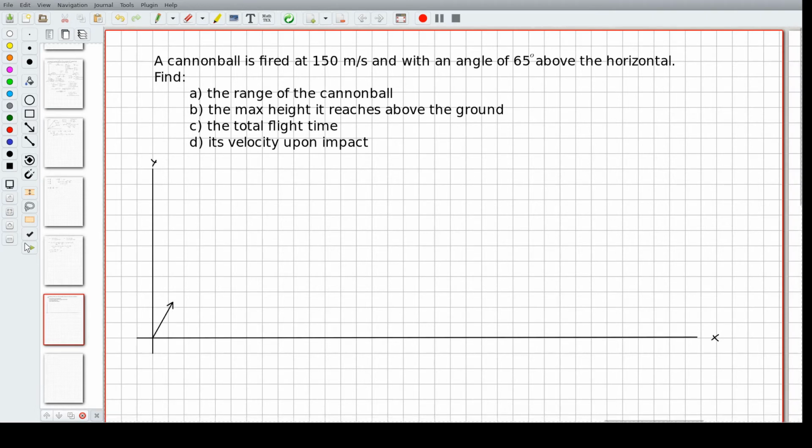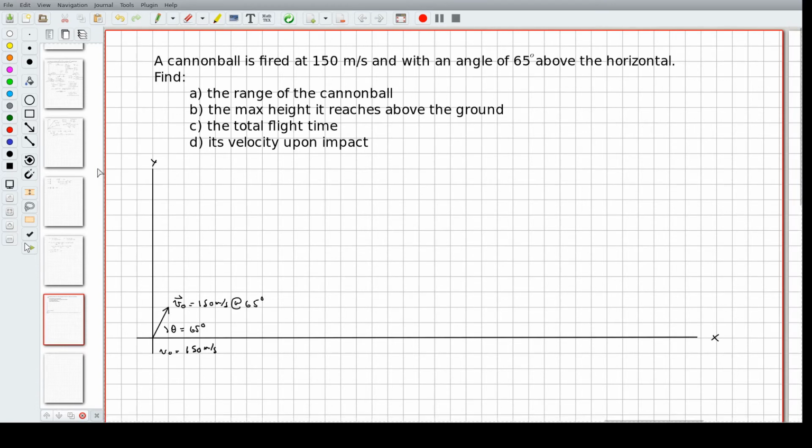Here, we'll say is the velocity that the cannonball is being launched at. So your initial velocity would be 150 meters per second, making an angle of 65 degrees above the x-axis. So this is 65 degrees, and obviously the magnitude of v naught is 150 meters per second.